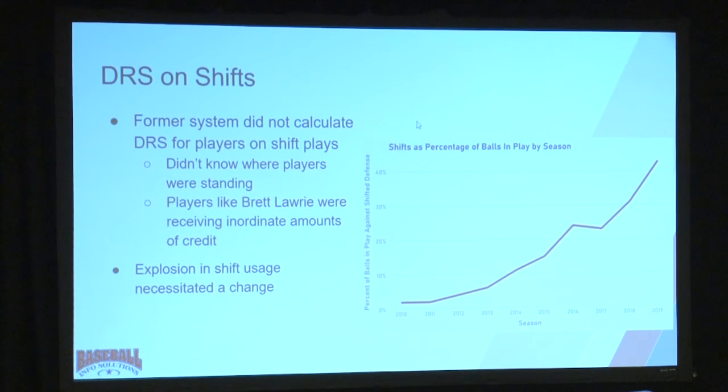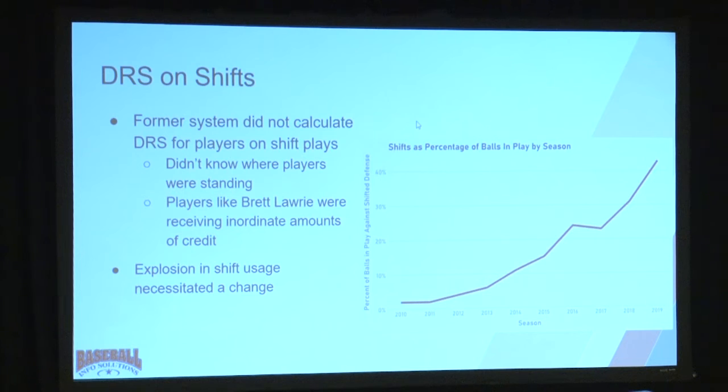So he was receiving inordinate amounts of credit when really the plays were easy for him. So at that point, back in 2012, BIS made the decision to exclude all shift plays from player DRS calculations and instead calculate a separate shift run saved component assigned to the team.